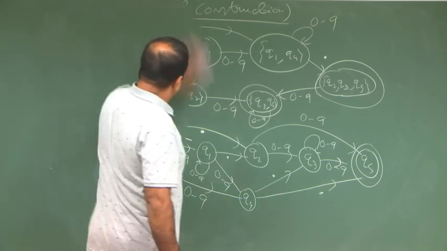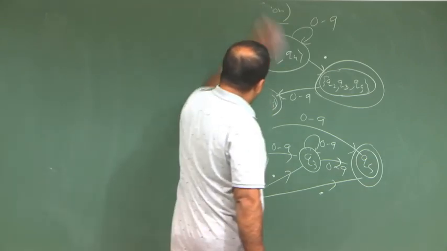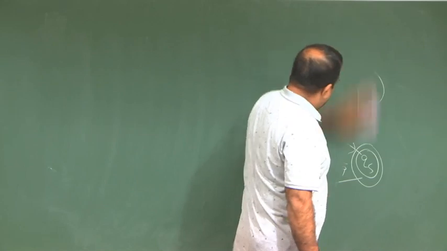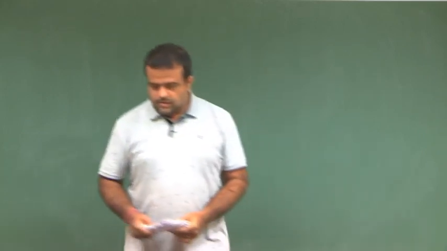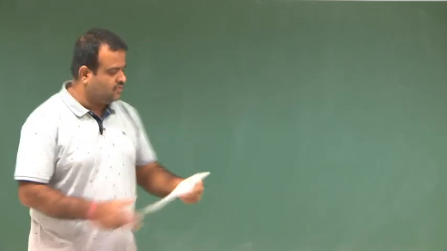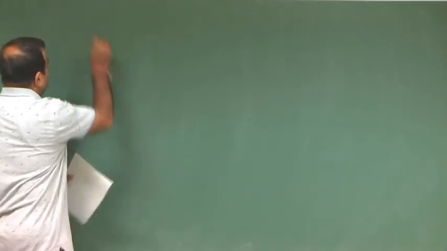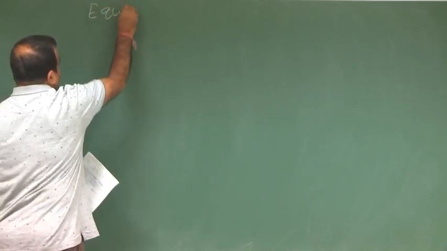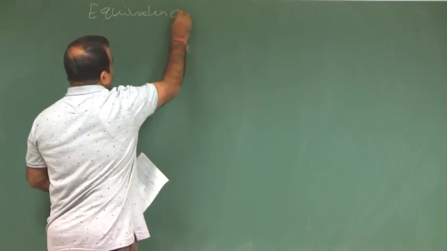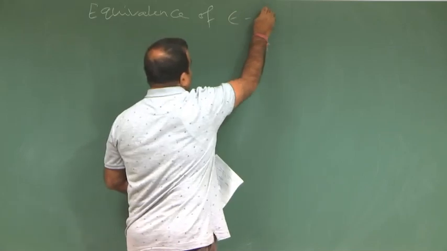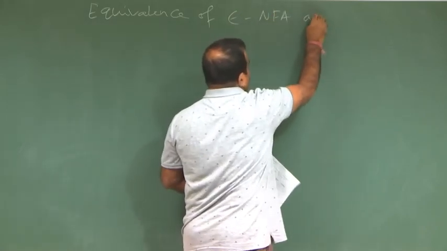So, given an epsilon NFA, how can we reach the DFA directly? This is called the equivalence of epsilon NFA and DFA.